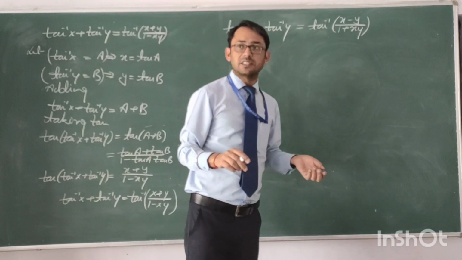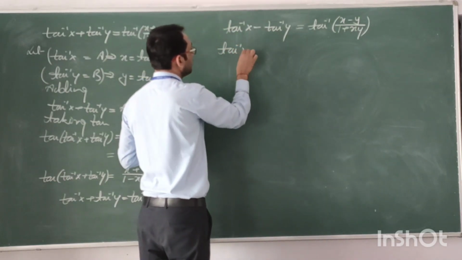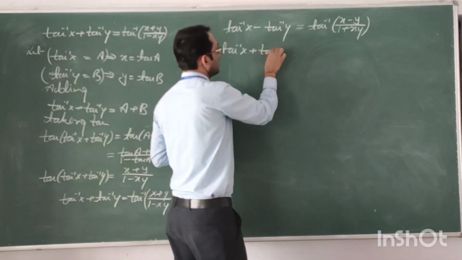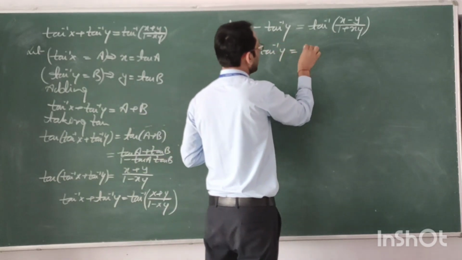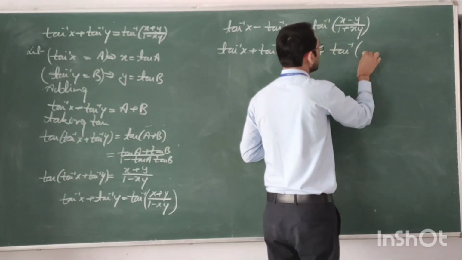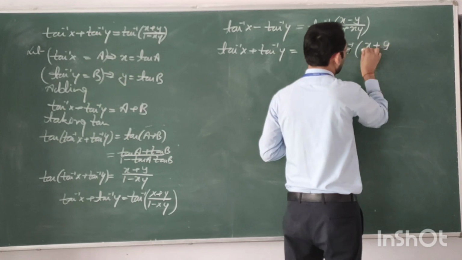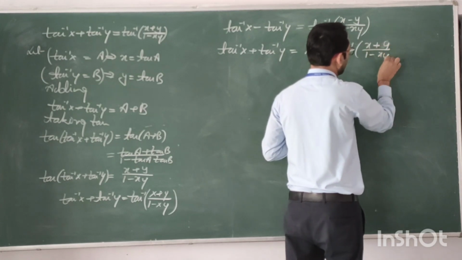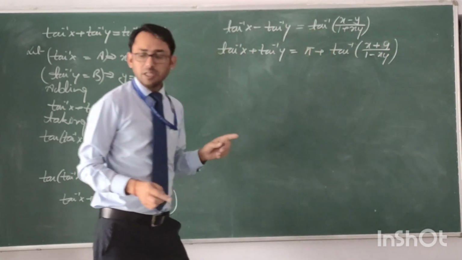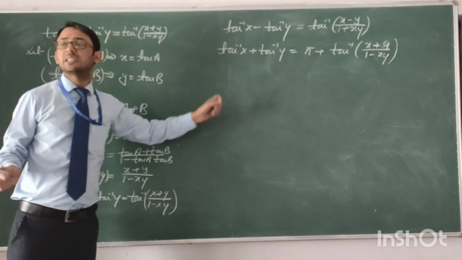One more identity is there. It is tan inverse x plus tan inverse y equals pi plus tan inverse of x plus y upon 1 minus xy.